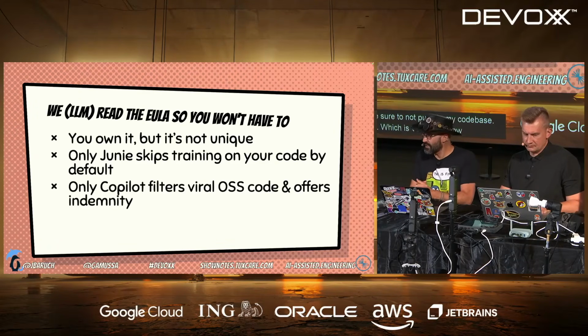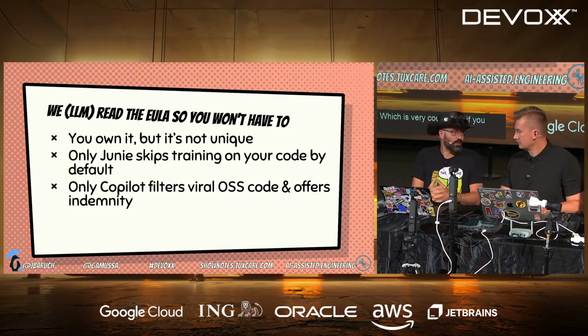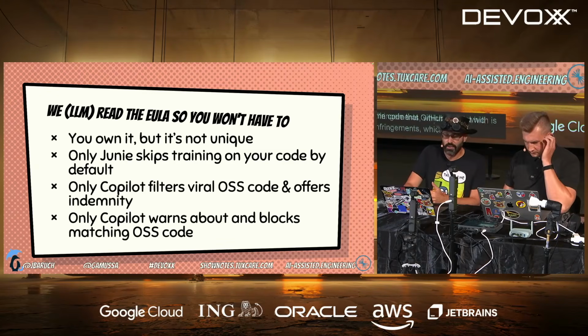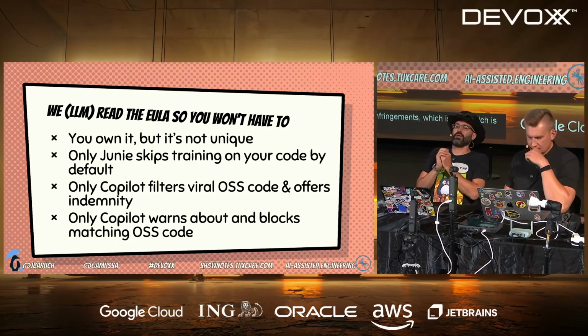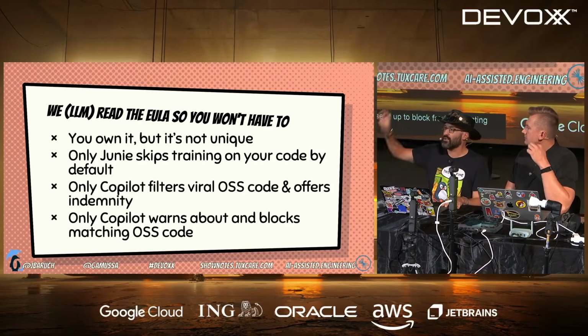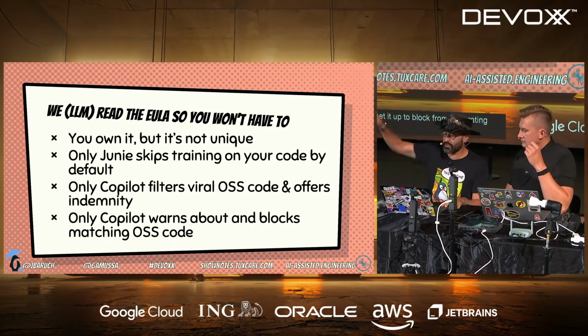Now, if you pay enough money to GitHub for the enterprise subscription, they also provide you with legal protections that the code GitHub Copilot generates won't include any open source infringements, which is very cool. And Copilot can also warn you, and you can set it up to block generating code which is similar to open source out there, which is also very, very cool.